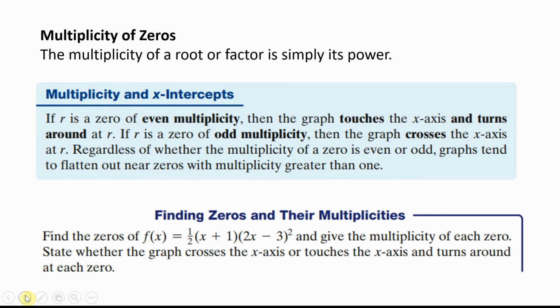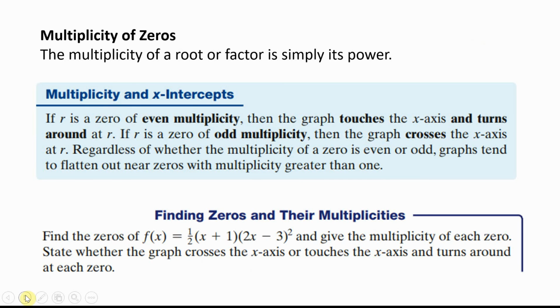All that simply means is if you can factor that function, then you look at the power of the factors. And that power tells you the so-called multiplicity. That simply means how many times does this factor occur?